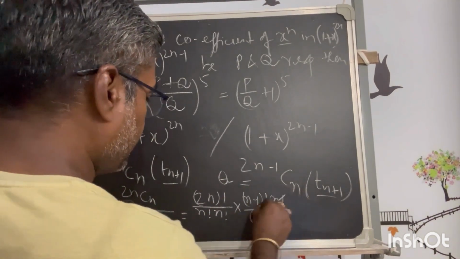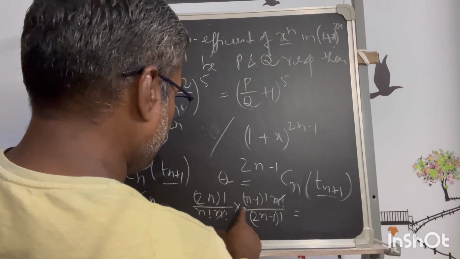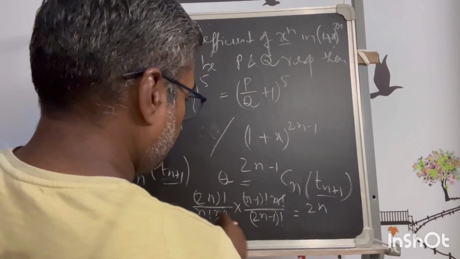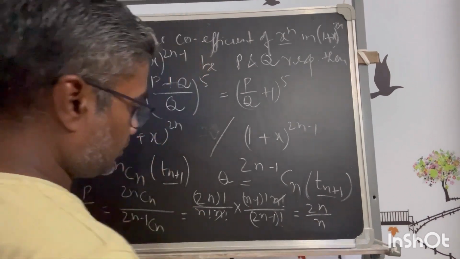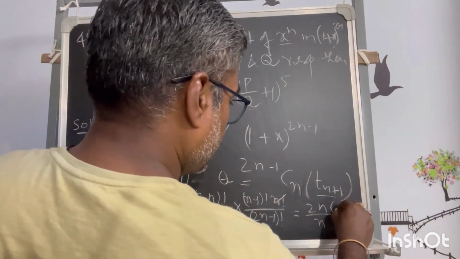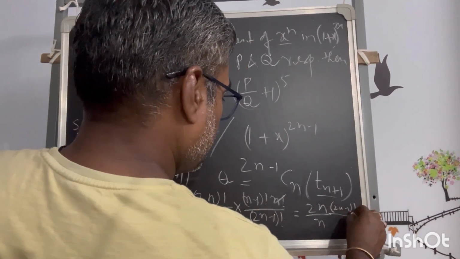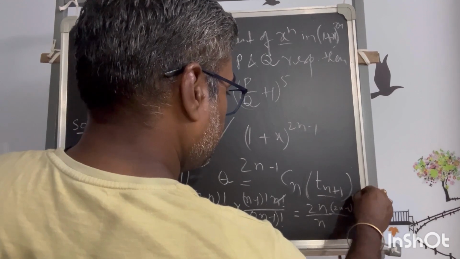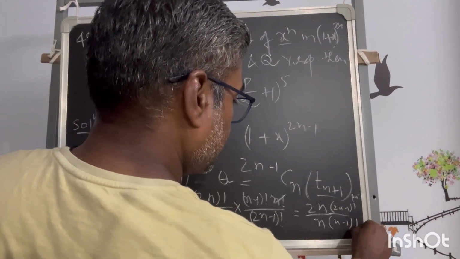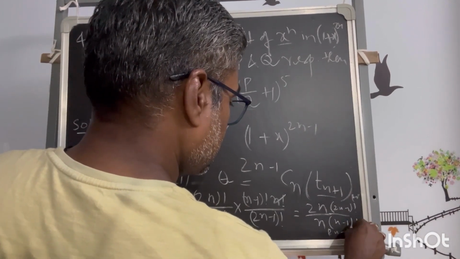So now n cancelled out and this will become 2n, meaning 2n will come up and here n will come below. Now if we keep 2n, the next will be (2n minus 1) factorial, and along with that (n minus 1) factorial will go, and if we keep n, so (n minus 1) factorial will come there. So at the bottom (2n minus 1) factorial is already there.